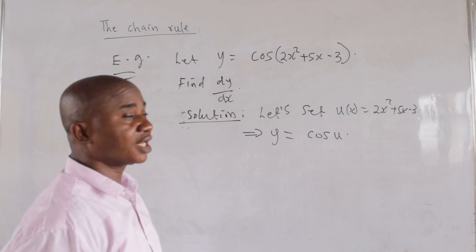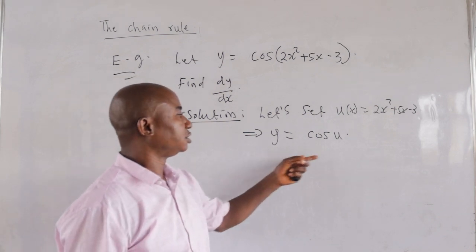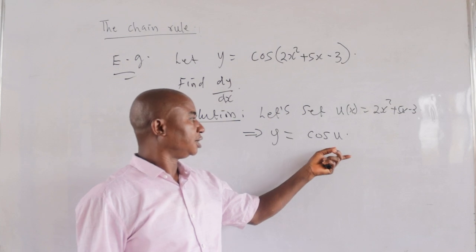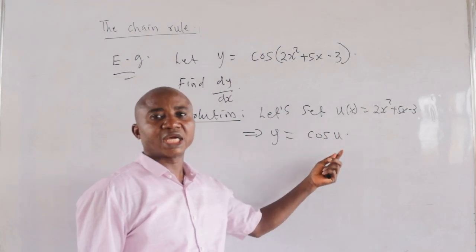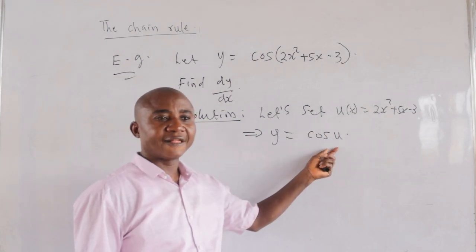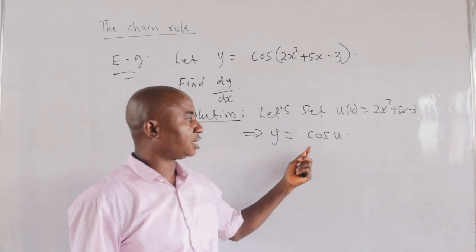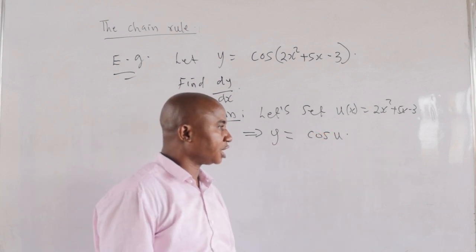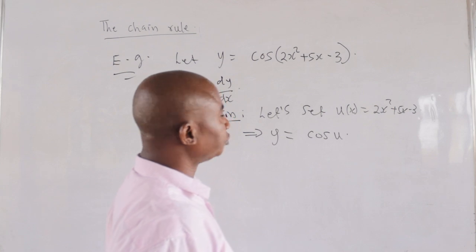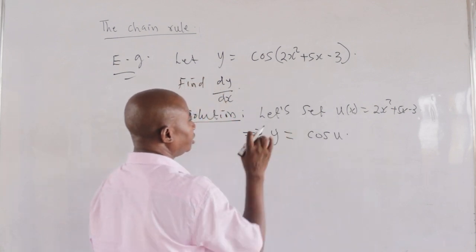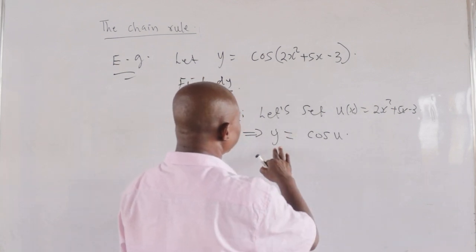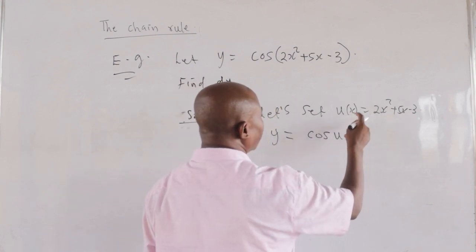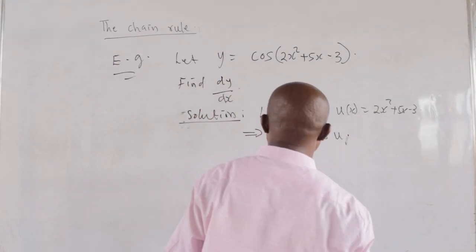So we have simplified our function y just to the cos of u. Alright. We know how to differentiate cosine of function u. At least if you can't remember, you can resume the proof from first principles and you obtain it using some trig identities that are familiar to us. So we have this.